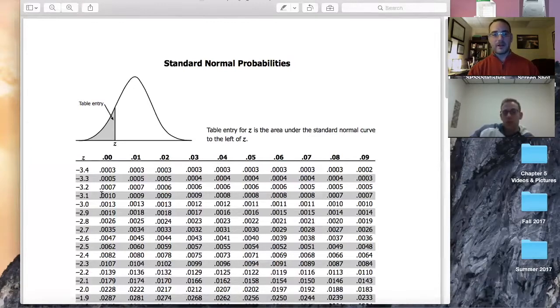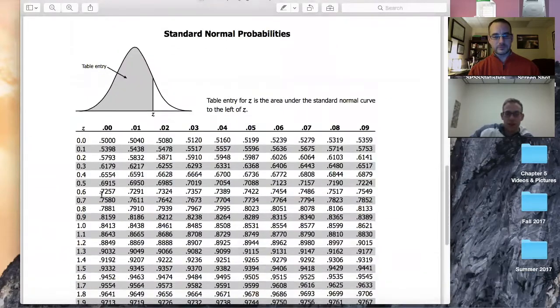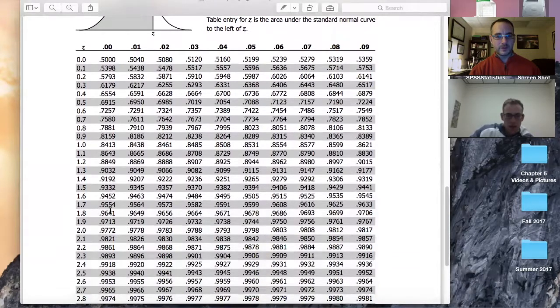You would start in the far left-hand column under the z-scores, scroll down to find positive 1.83 right here. Then you go over to the fourth column, right where your mouse is, to find the table value. Yep. So we've got 1.8, and we follow that over to the hundredths position of 0.03, and where those intersect, we come up with a value of 0.9664.